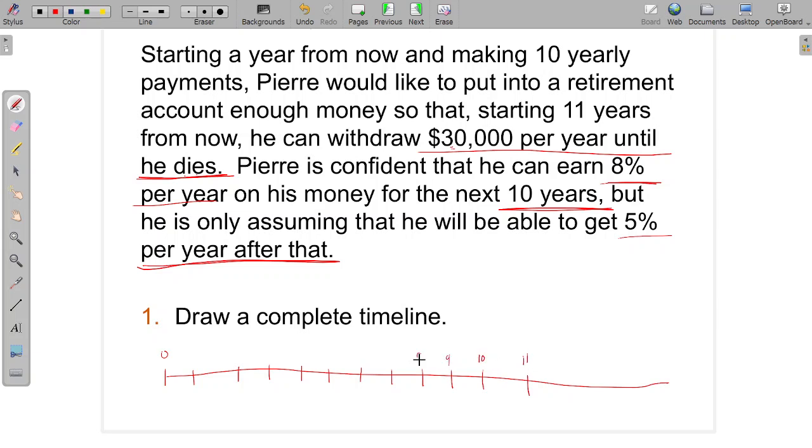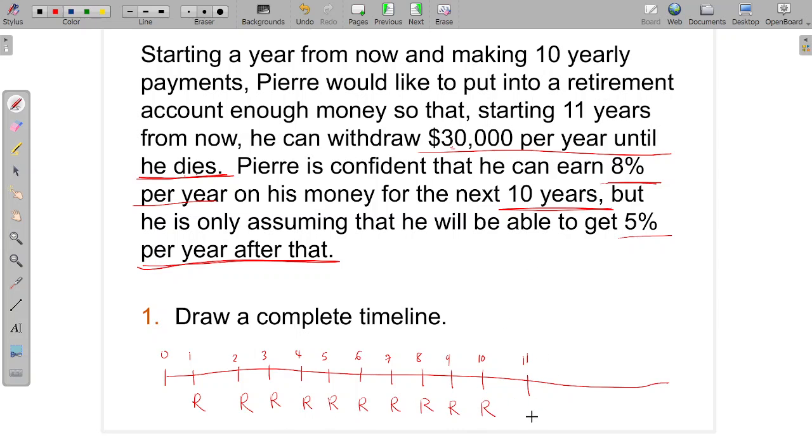Counting the withdrawals, this is 1, 2, 3, and so on. So let the payment be R, R, R, R, R, R, R, R, R. This is the payment for 10 years.